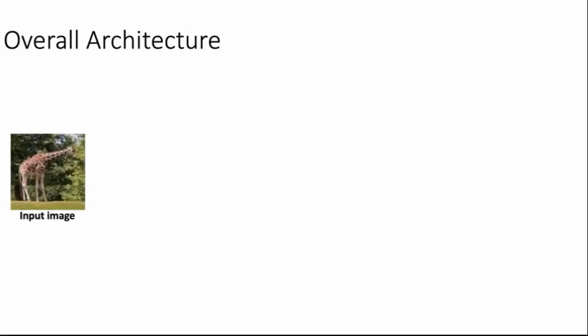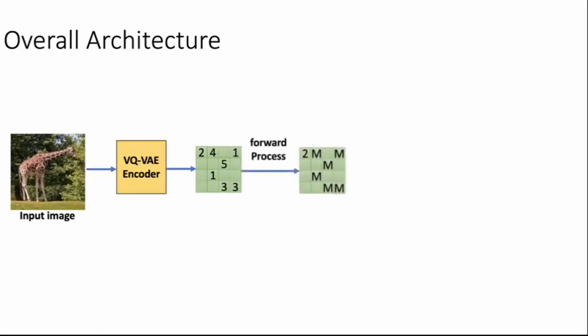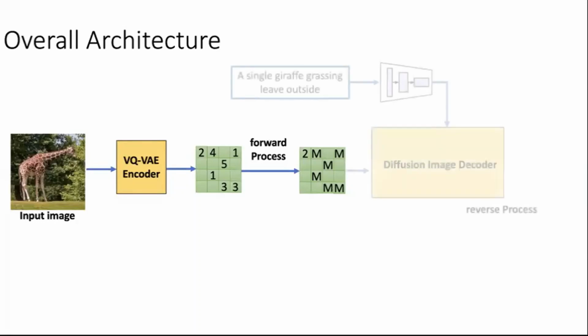So I will be explaining the overall architecture now. As Manu has explained the forward process, before we go into the reverse process, it will be helpful if we see the architecture first. We take the input image, pass it to the VQ-VAE encoder, and get the code representations. Then we run the whole forward process and get the noisy or masked code representations.